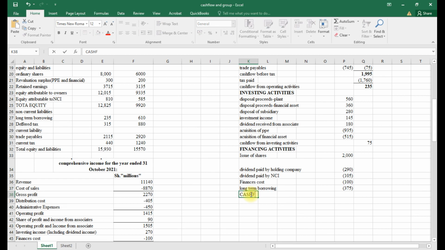Cash flow from financing activities. Here I'll put alt equals, and I will highlight up to from here, and I enter that way, and I will bold this cash flow from financing.